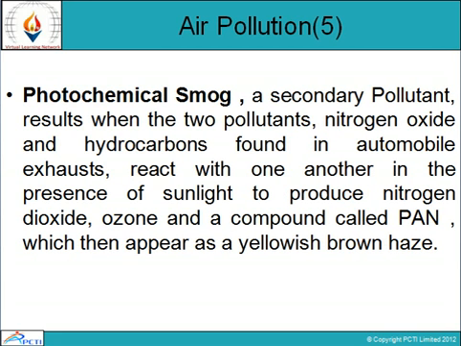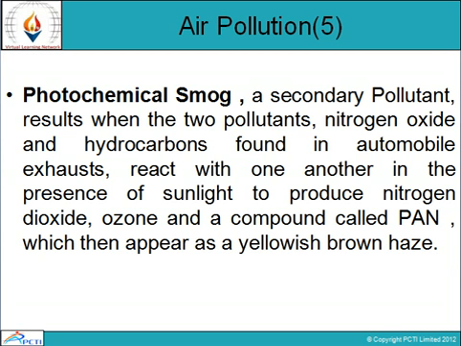Air pollution, number 5, photochemical smog. That is a secondary pollutant that results when the two pollutants, nitrogen oxide and hydrocarbons, found in automobile exhausts, react with one another in the presence of sunlight to produce nitrogen dioxide, ozone, and a compound called PAN, which then appears as yellowish brown haze.